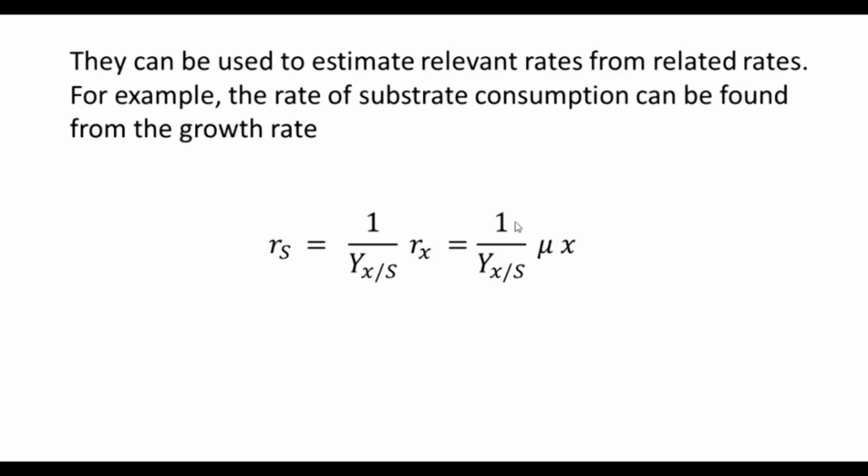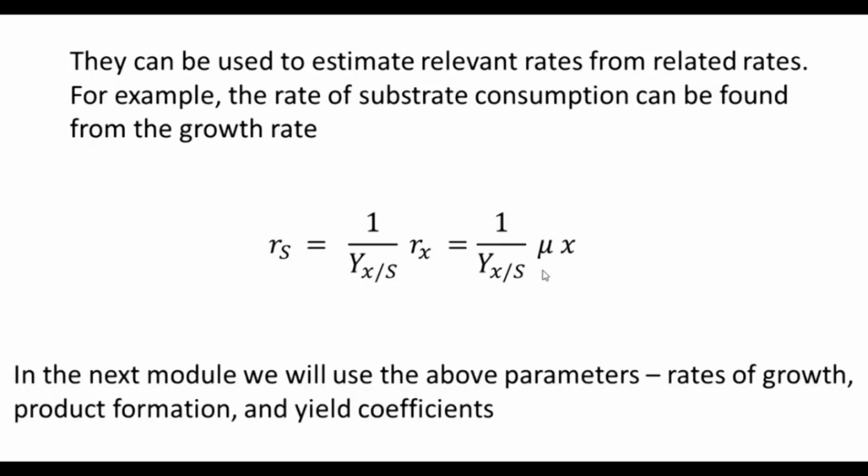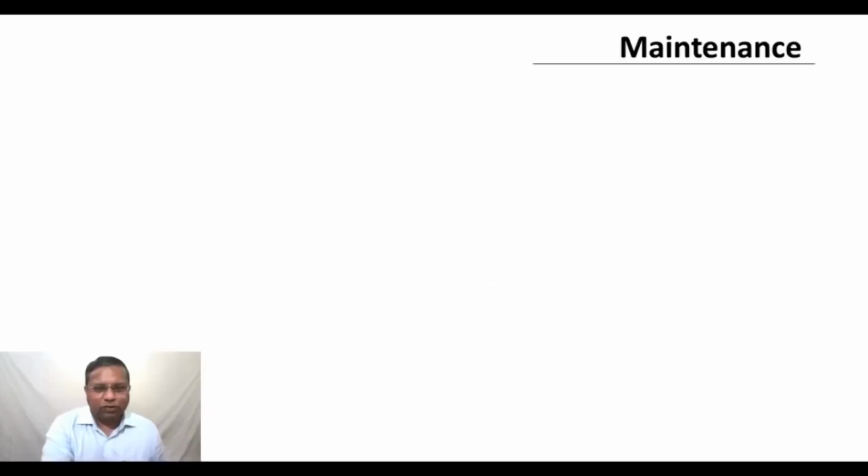Therefore, Rs equals 1 by Yx/s times mu x. We will actually use these to compute some useful parameters in the next module. For now, just know about this. Probably tell you one more thing. One more concept, and I think we will finish up this module here.